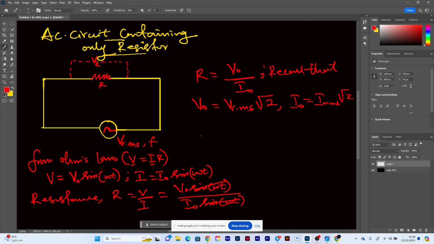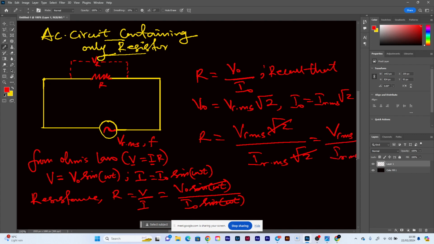So we have that resistance can also be given as V root mean square times root 2 divided by I root mean square times root 2, right? So this and this can cancel. Then we have the resistance to be root mean square voltage divided by root mean square current.